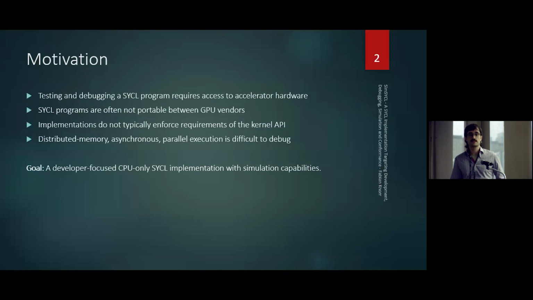One reason might be differences in hardware, because you might have different default subgroup sizes, for example. So you want to be able to verify that a program runs on different types of hardware before actually deploying it to a real system or to a real set of GPUs.